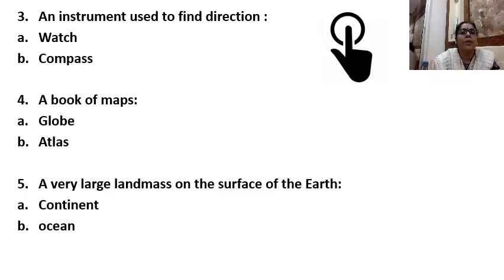An instrument used to find direction. Watch, compass. Yes, you have learned, right? Which is the correct option? B is the correct option. Compass is an instrument to find the directions.